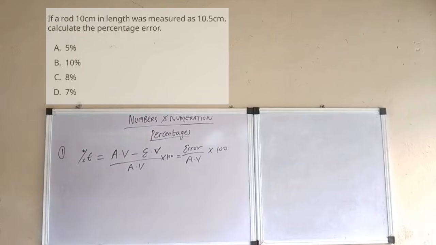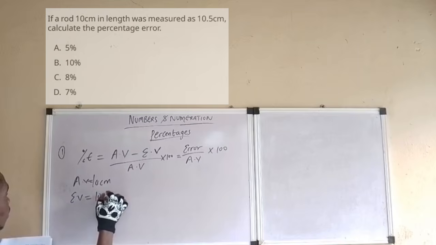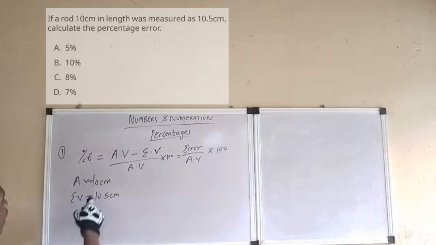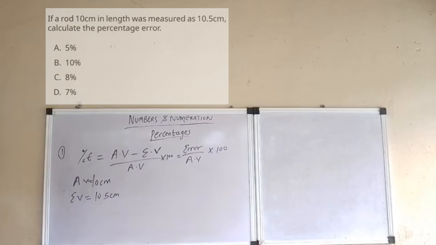So the actual value in this case is 10 centimeter. The actual value is meant to be 10 cm. Okay. And the estimated value, EV, is 10.5 centimeter. So we need to get the error. Now, in this case, if you subtract, you are going to have a negative value, but it doesn't really matter because we will not write a negative sign in our final answer.